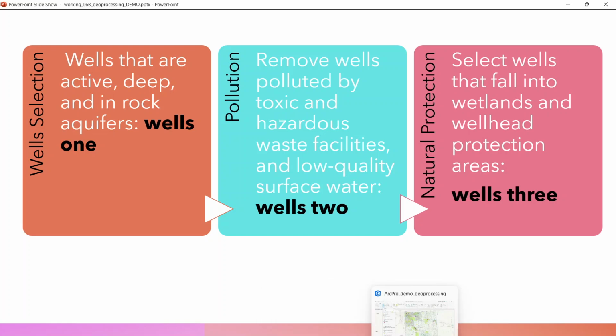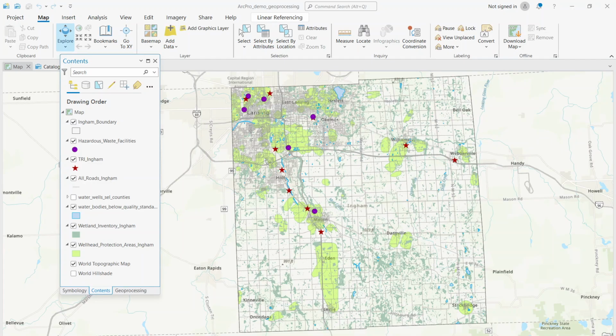All right, so I'm now going to move to our study area, which is Ingham County. We have a variety of different data sets here that I'm showing you. The data sets are obviously the boundary of Ingham County, the hazardous waste facilities, the TRI facilities in Ingham County, the roads, which we are not going to use for analysis, but they just show you the big picture.